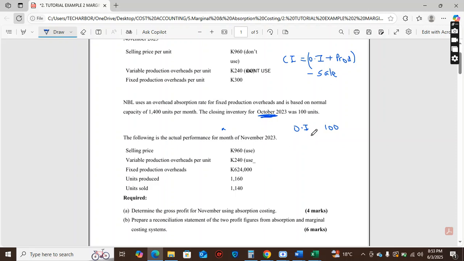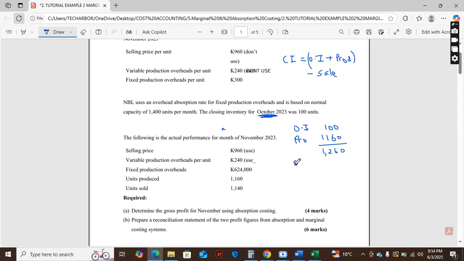So in our question here, our opening inventory is 100 units, then the units produced 1,160. So in total, in that month of November, in our factory, we have 1,260.